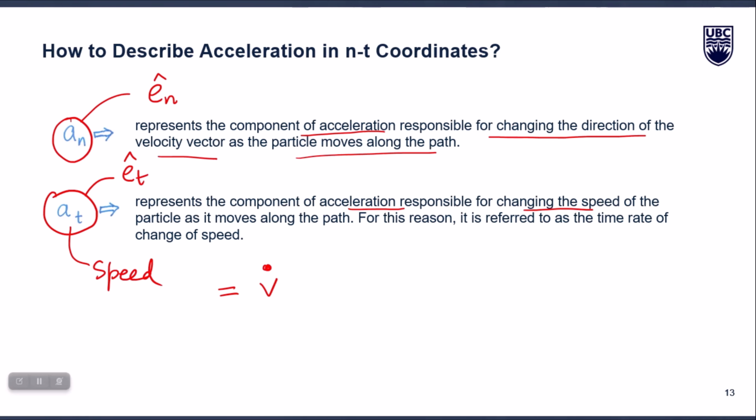Its magnitude can change and its direction can change. So the change in magnitude of that velocity is taken care of by this component of acceleration a sub t, and the change in the direction of velocity is taken care of by this a sub n, right? So this is another kind of representation or concept associated with a sub n and a sub t, right?